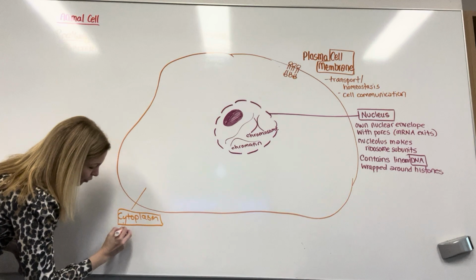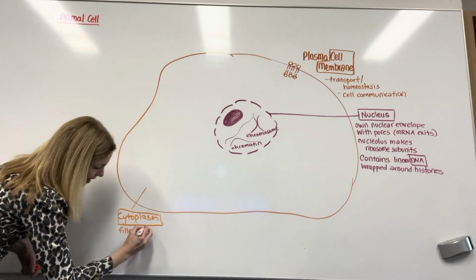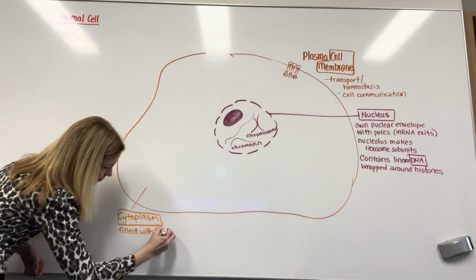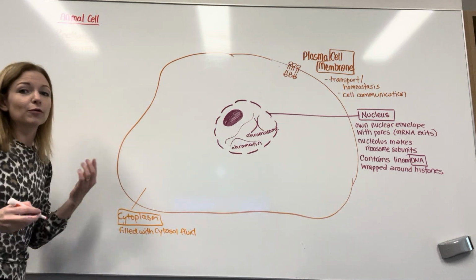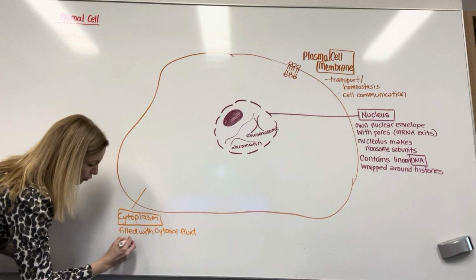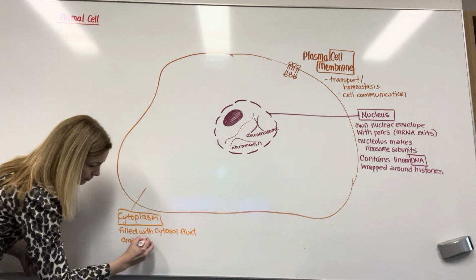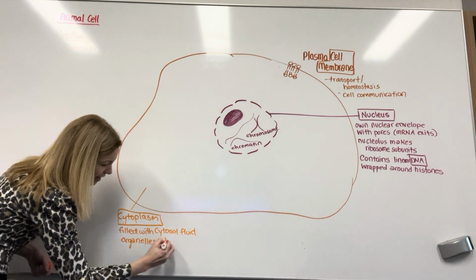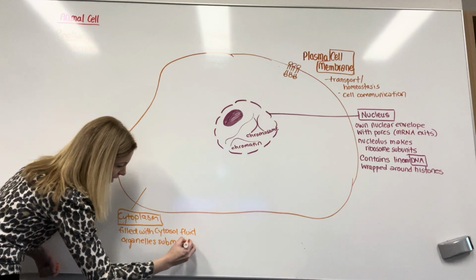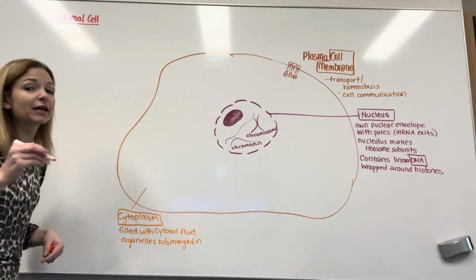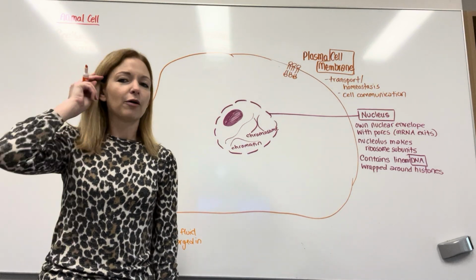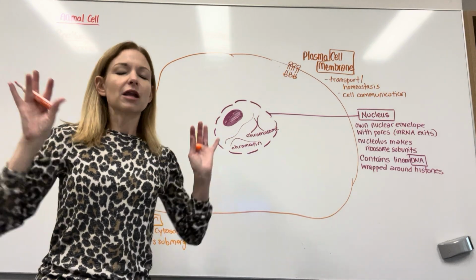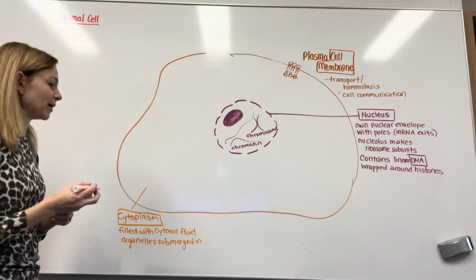So it's going to be filled with cytosol fluid, and that is essentially where all the organelles move through. They're all submerged in that. And we do also have some chemical reactions. Really just glycolysis is going to be the main thing. We'll get to that down the road, but not as much happens in the cytoplasm here.